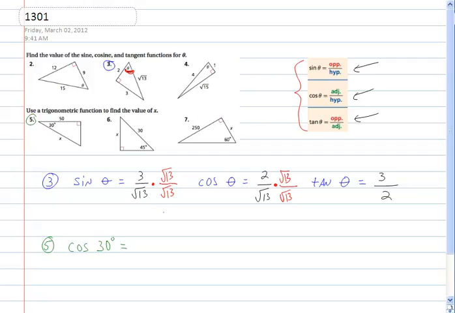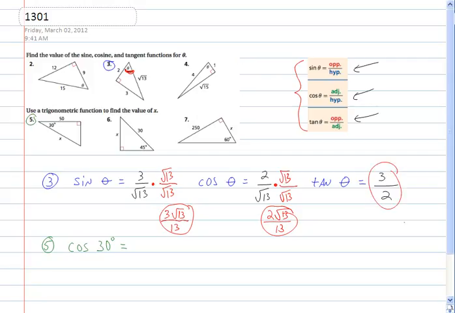And so what you're going to end up with here is 3 times the square root of 13 over 13. So that really is the answer that you want there. And same thing here, it would be 2 times the square root of 13 divided by 13. And then of course this tangent theta here is equal to 3/2.